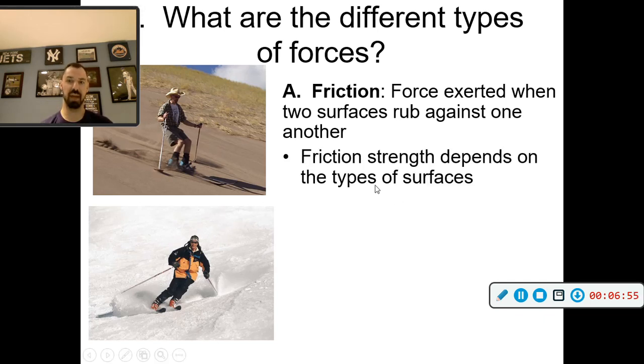Friction strength depends on the type of surface. Obviously the more gritty it is, the more things in contact with the material will actually resist motion. Doing it on sand, you'll typically end up fighting the sand, and you'll actually fall backwards a little bit. Whereas skiing on snow, there actually is a little bit of rubbing.